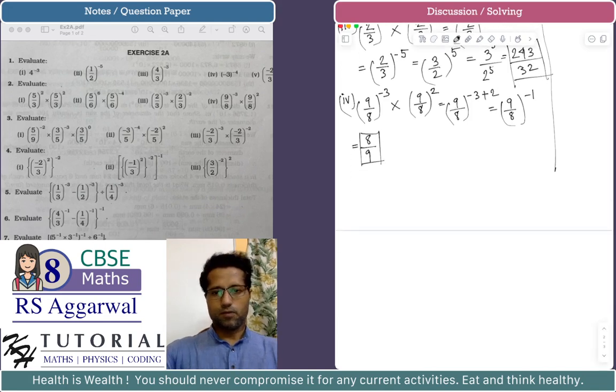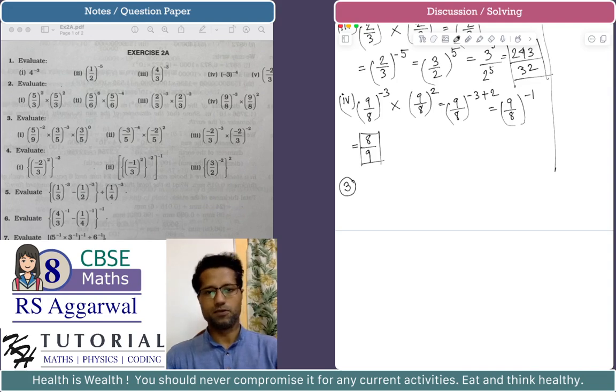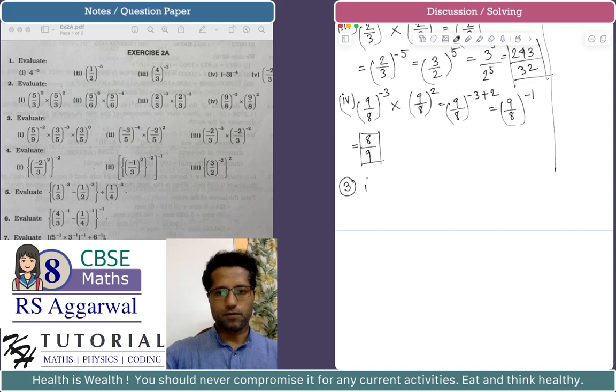Problem number 3 is also evaluation, but this time it will be mixed. That is, sometimes the powers will be the same and sometimes the bases will be the same. So we have first one, (5/9) raised to the power minus 2 multiplied by (3/5) raised to the power minus 3 multiplied by (3/5) raised to the power 0.